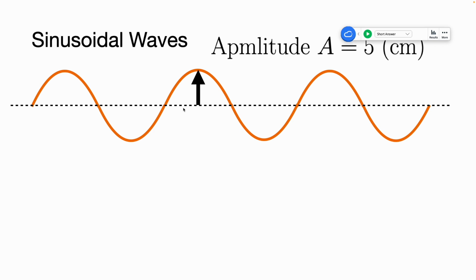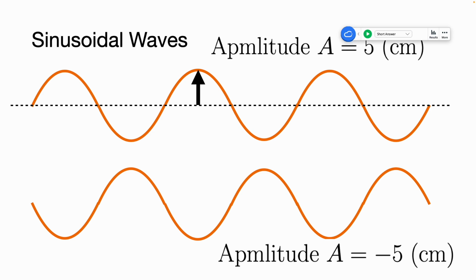Now, what if I want to write down a negative amplitude? Well, just like velocity, negative velocity just goes in the opposite direction. A negative amplitude just goes in the opposite direction.